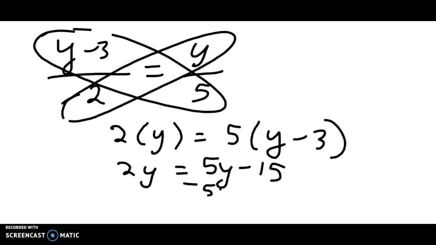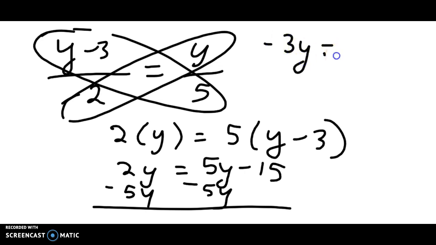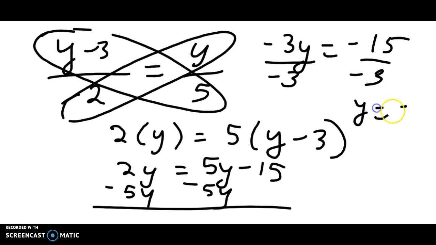Bring our variables together. We get negative 3y equals negative 15. Divide both sides by negative 3. And y equals 5. I'm going to double check that and substitute it back in and make sure, because we can always check our answers.